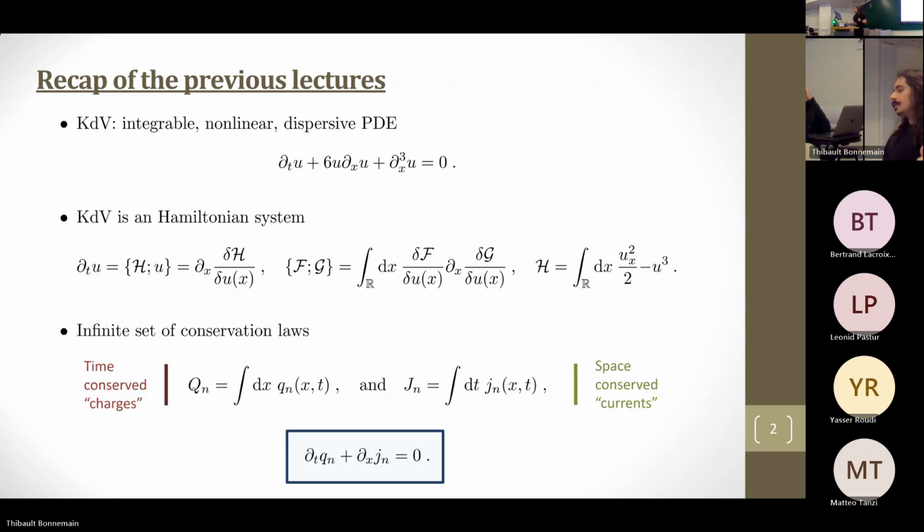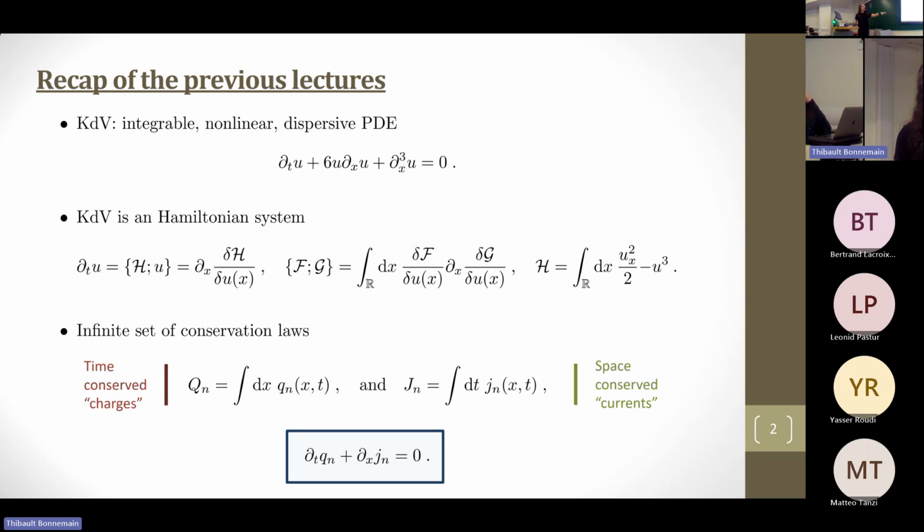And those charges, the Q's here, are all functionals of u and its derivatives. So Q0 is the integral of u, Q1 is the integral of u squared, and Q2 is the Hamiltonian there. Typically we express those charges in terms of their densities, the small q's.